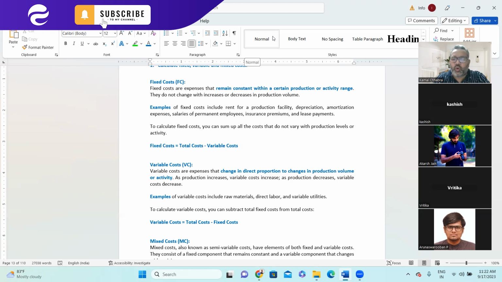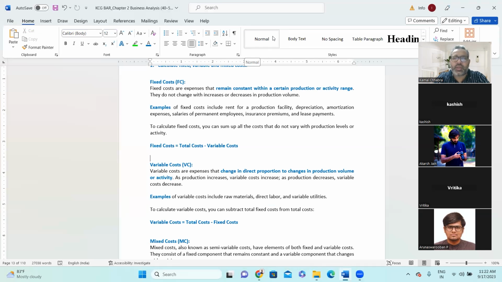And they have molds. Molds are basically the ones that convert the rubber into the shape of the tire, that give the shape to the tire. So there may be a possibility that a mold has a certain unit of electricity consumption per mold, right? Then that electricity can be considered as an overhead cost to be charged per unit of production by the respective mold, right? So that can be considered as a variable cost.